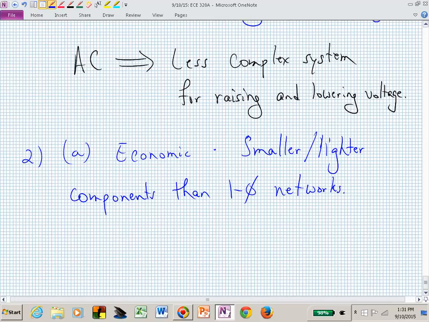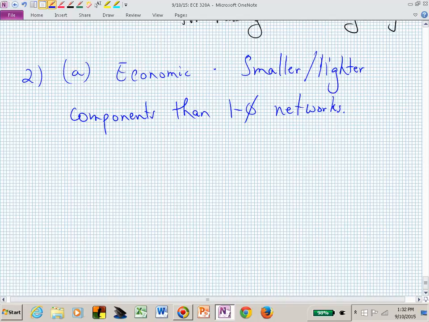If we now had three loads that each had two wires, how many wires do we have there? 2, 4, 6. So now we're trading off 4 wires in a three-phase system versus 6 wires in this same network of 3 loads that we're trying to drive as single-phase systems. So there's an economic payoff to doing three-phase.